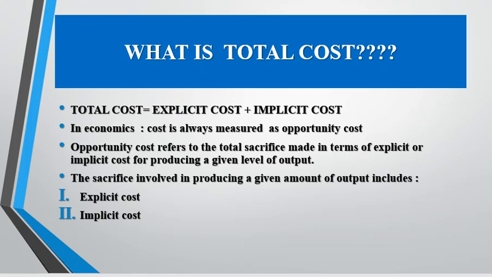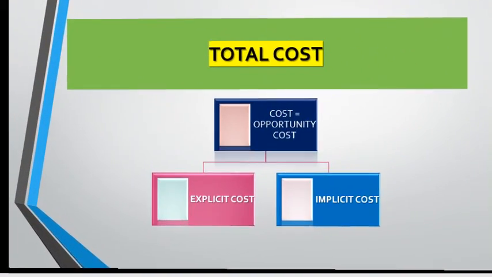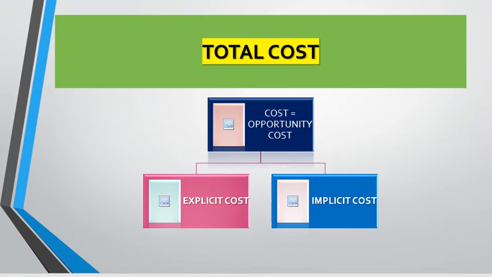Even when we use our own factors for production, we are making a sacrifice. The sacrifice involved in producing a given amount of output includes the explicit cost and the implicit cost. So cost is always opportunity cost, and total cost is equal to explicit cost plus implicit cost.